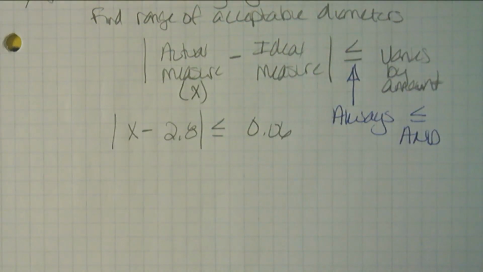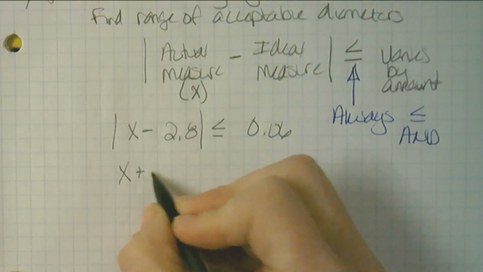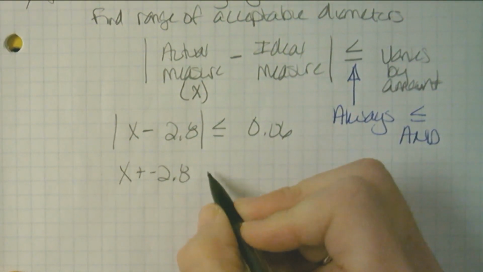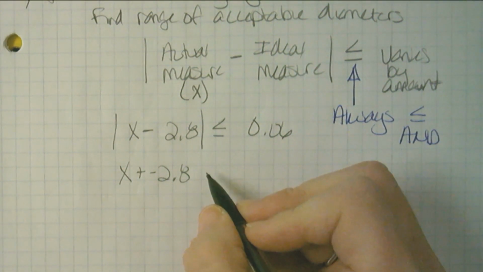Somebody split this for me. It's an and, because it's less than. Sam, sit up. Split this for me. What?